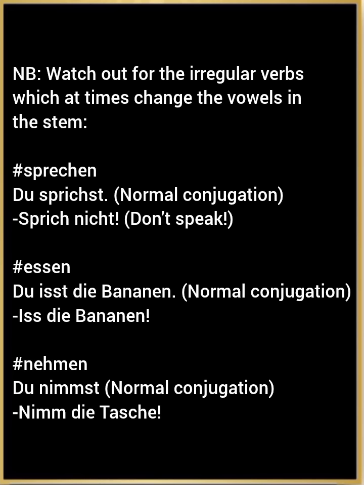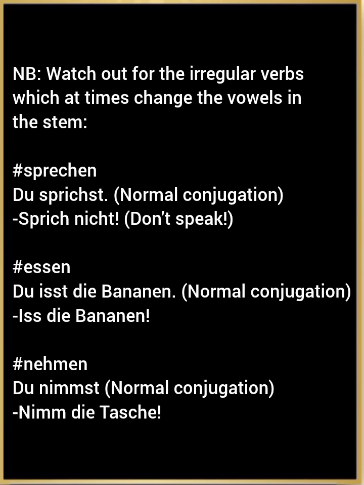Normally in the du form it is du sprichst, with the i. So if you remove the du and the -st, you remain with sprech, speak. If I want to request somebody, don't speak: Sprech nicht!